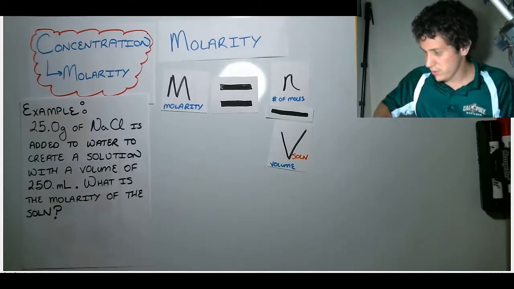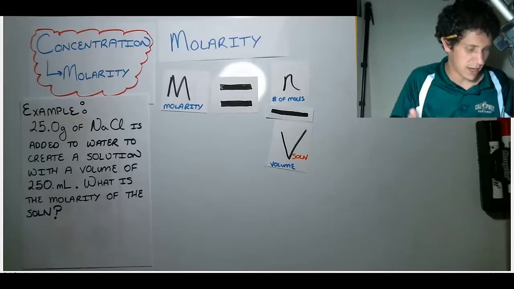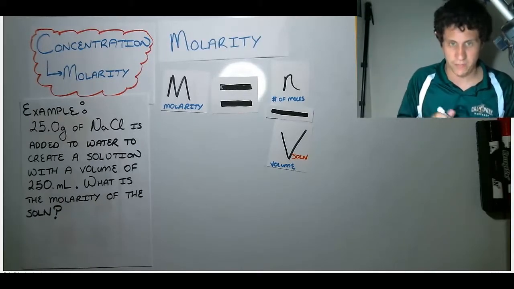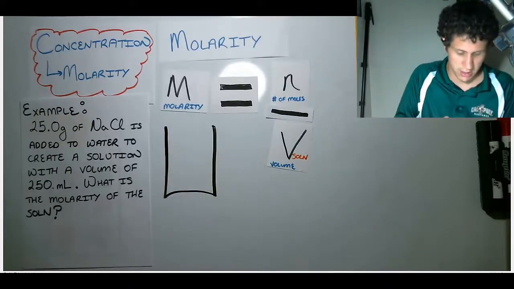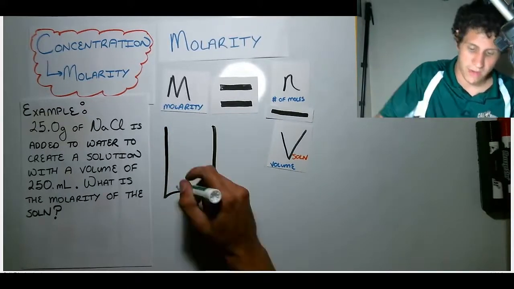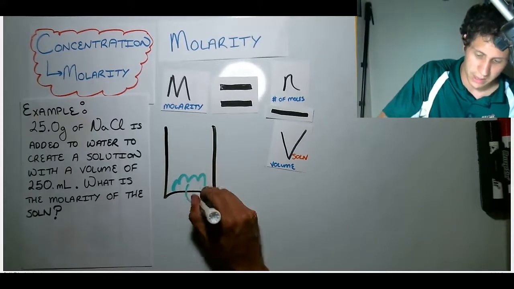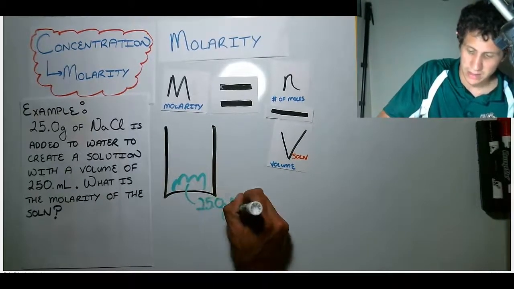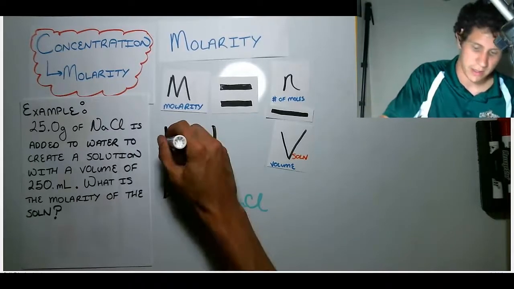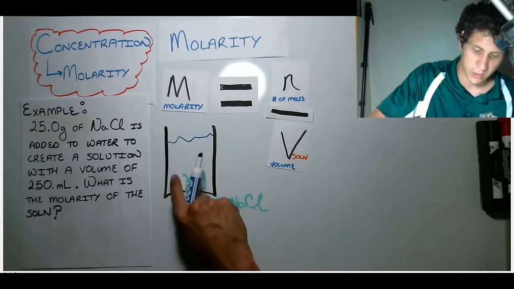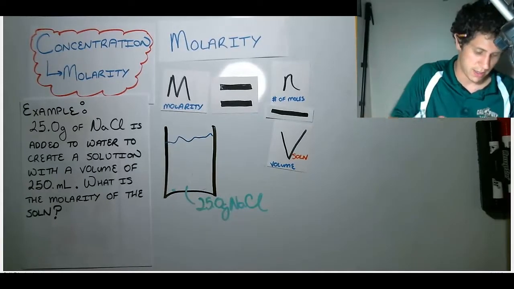Now, whenever I'm doing this, I like to create a picture, kind of get an idea of what's going on here. So imagine a beaker. In my beaker, I'm going to put 25 grams of NaCl. I'm then going to add water to this, allowing my NaCl to dissolve into solution.